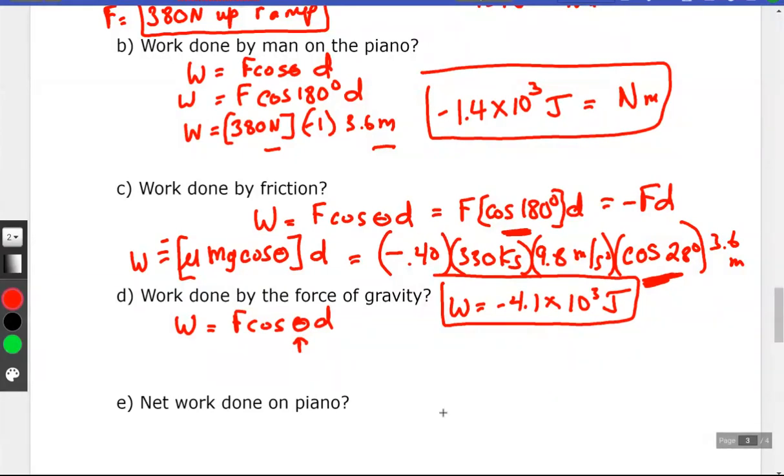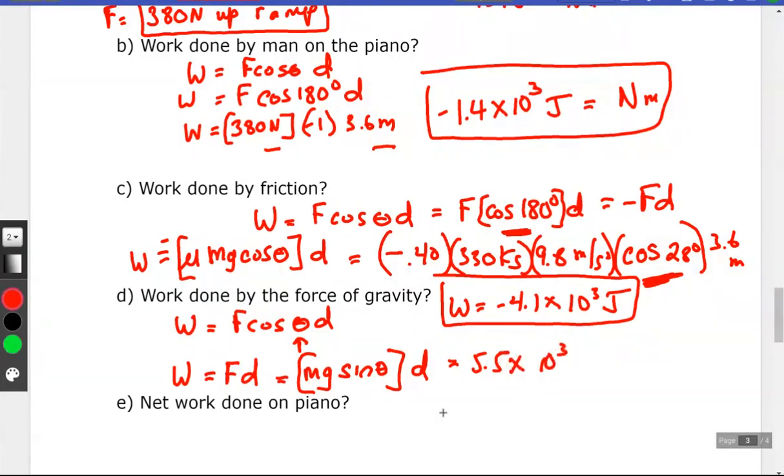So the cosine of 0, I think you know, is 1. So it's just W equals F d. This is positive work. Gravity does mg sine theta times d, which we're given, just multiply it all out. And if I use 9.8, that work done by gravity is 5.5 times 10 to the third joules.